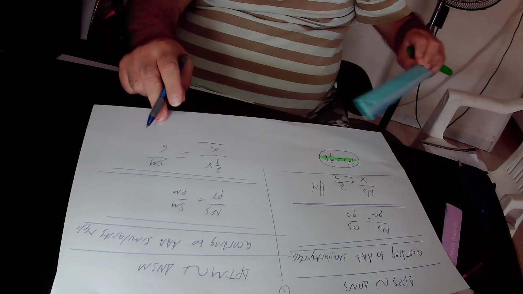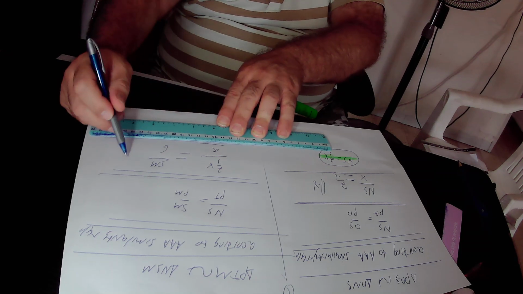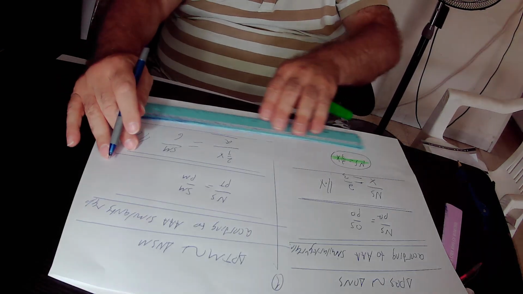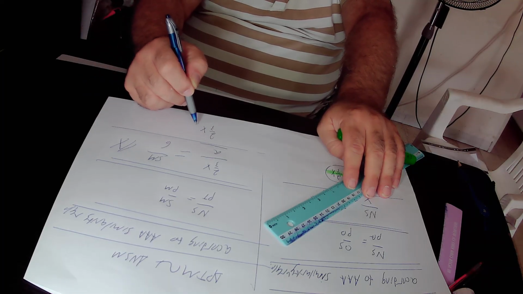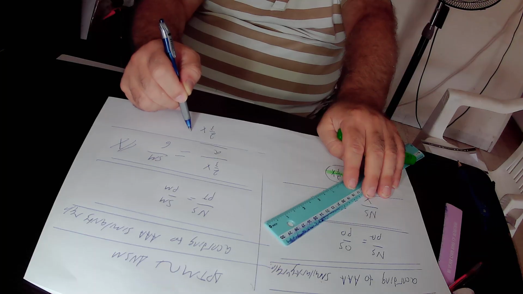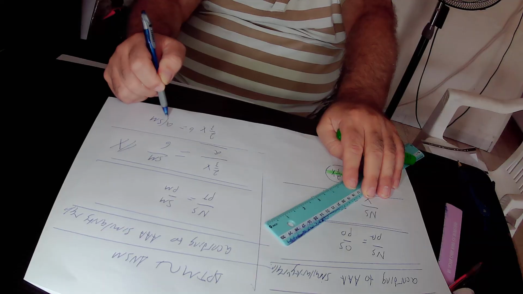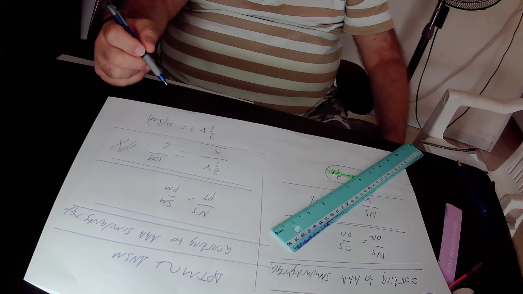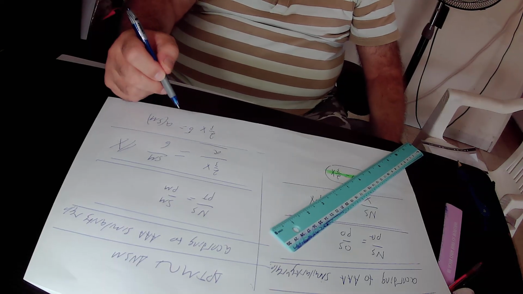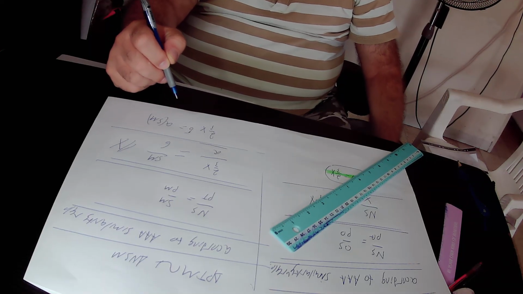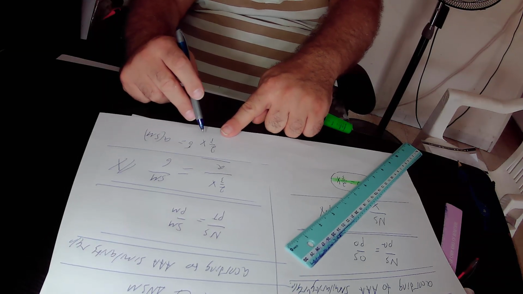Here we will cross multiply this equation, and we get that 2/3 X times 6 equals A times SM. 6 over 3 is 2, and 2 times 2 is 4.